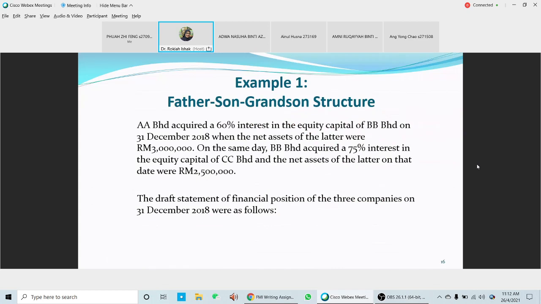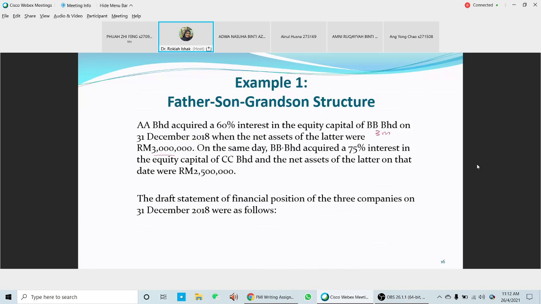For example one, a father, son, and grandson structure. Okay, A acquired 60% interest in the equity capital of B on 31st December 2018 when the net assets were 3 million.